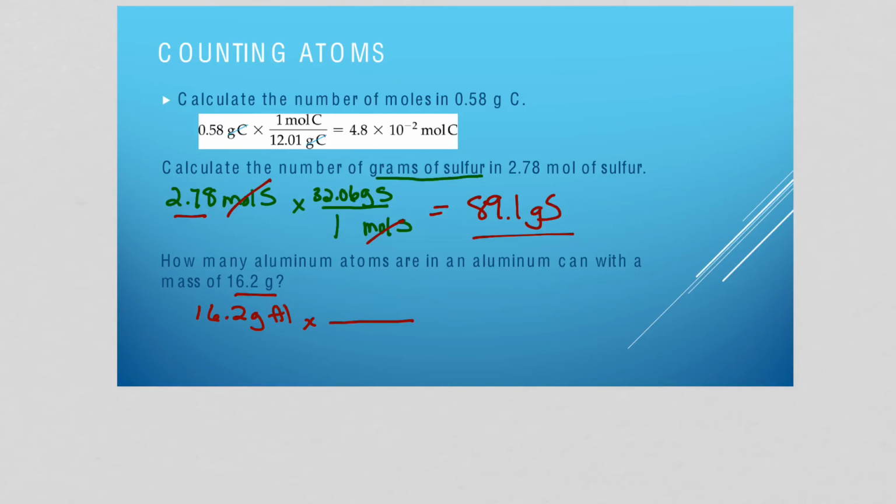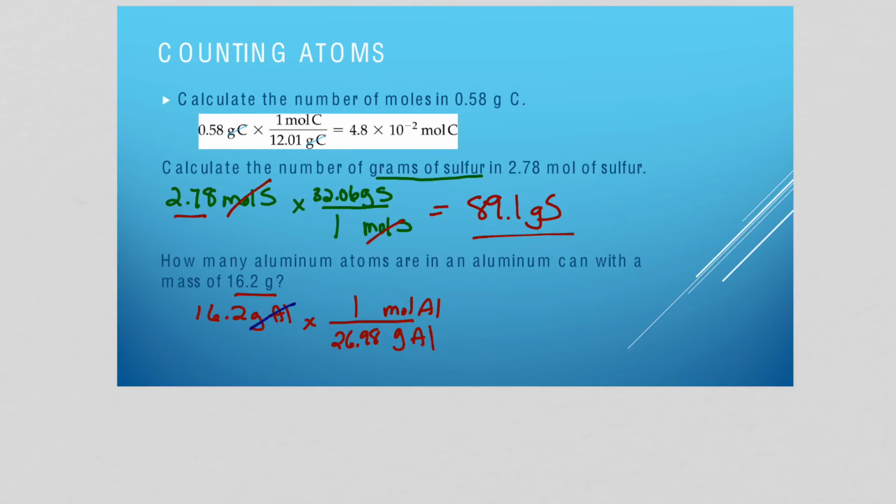Now, the key thing is to remember we have to do it in 2 steps. So I know I can go from grams to moles using the molar mass. In this case, because I have grams, the grams are going to go on the bottom. If I look up aluminum on the periodic table, I find that it weighs 26.98 grams in every mole.